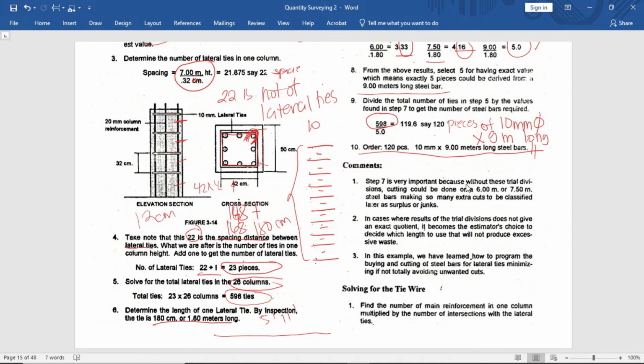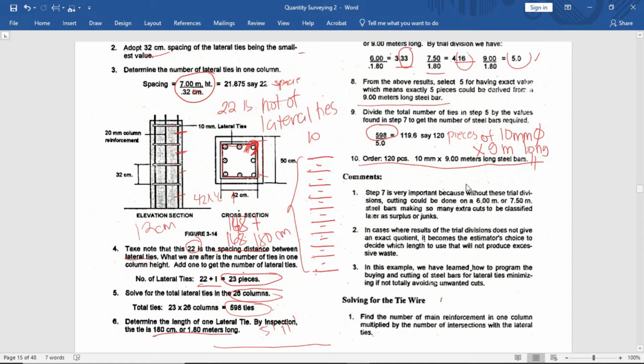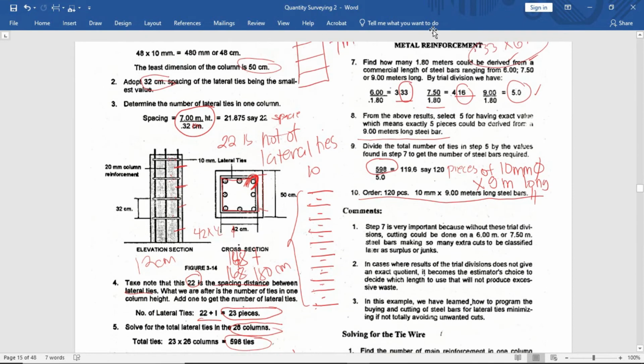Comment dito: step 7 is very important. Ayan, ito yung step 7 natin. It's very important because without these trial divisions, cutting could be done on a 6 meters or 7.5 steel bars, making so many extra cuts to be classified later as surplus or junk. Sabi ko nga, ito yung mga sobra natin, hindi naman natin magagamit kung hindi tayo mag-trial division.